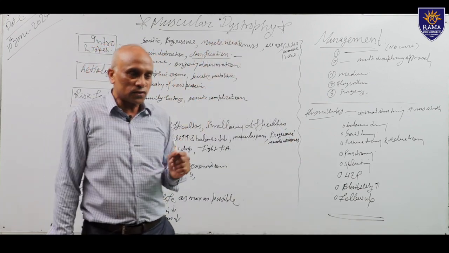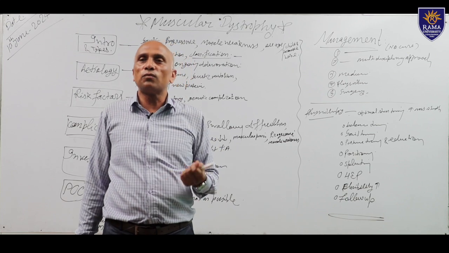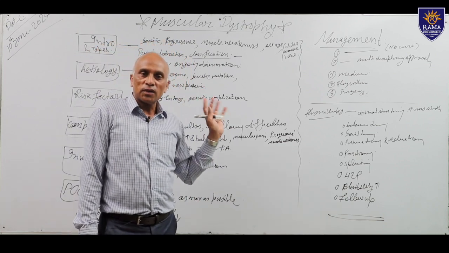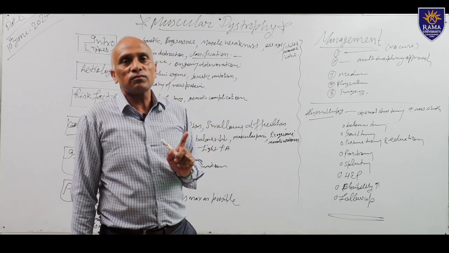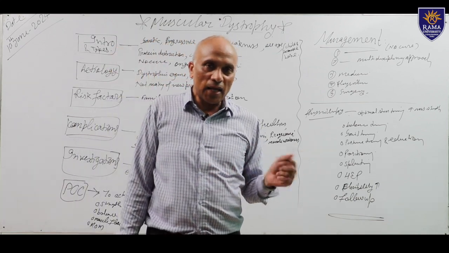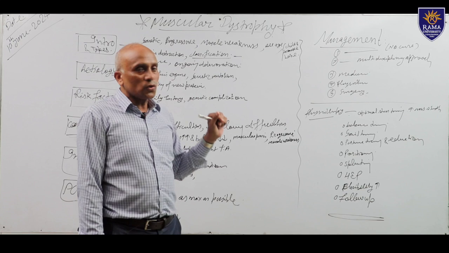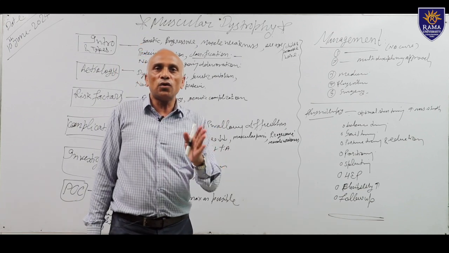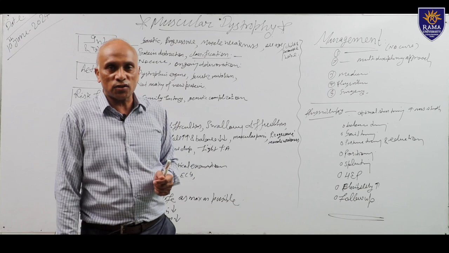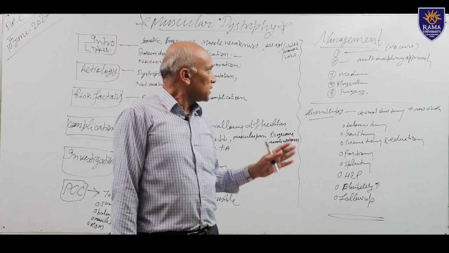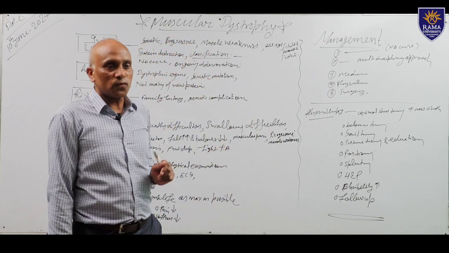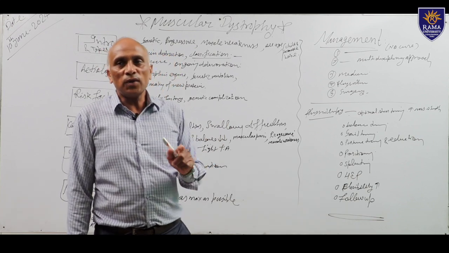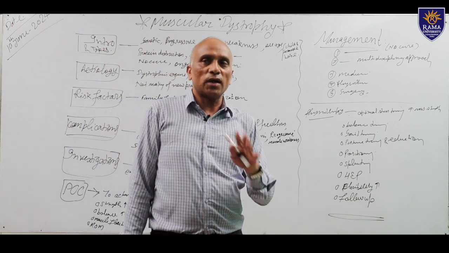The first and most common is Duchenne muscular dystrophy. Another is Becker muscular dystrophy, and the next is myotonic muscular dystrophy. Another is facioscapulohumeral dystrophy. Another is congenital muscular dystrophy, and the last is limb girdle muscular dystrophy.